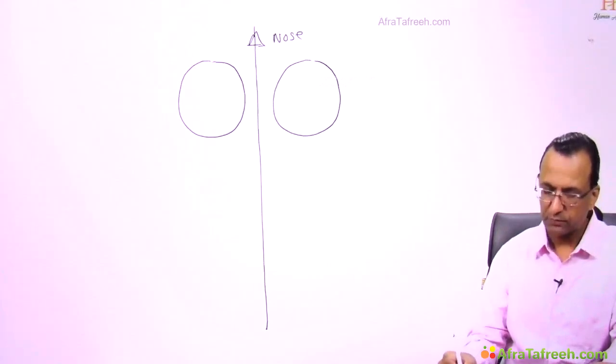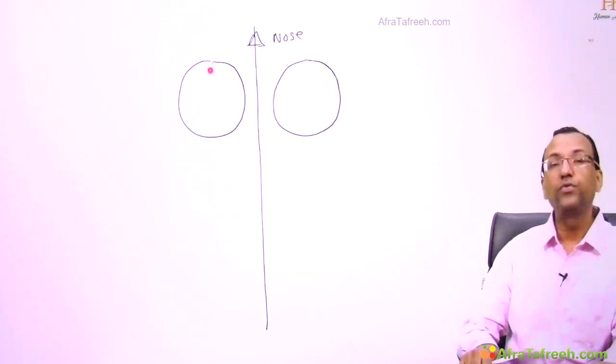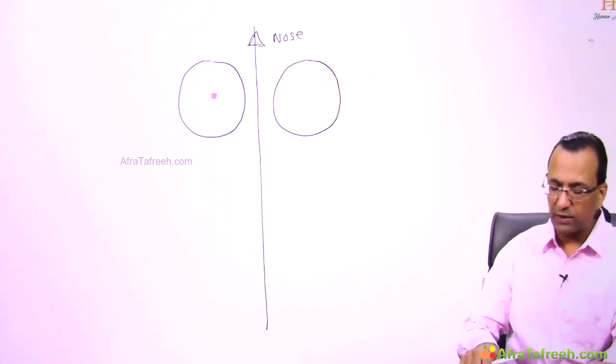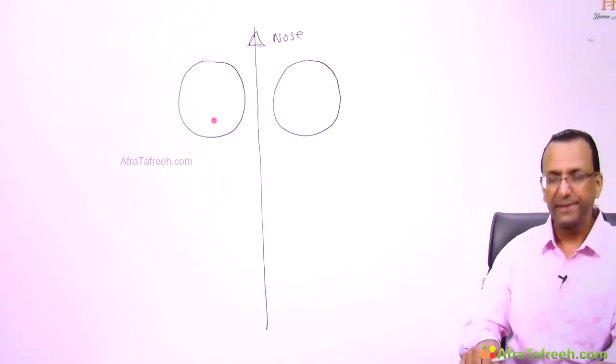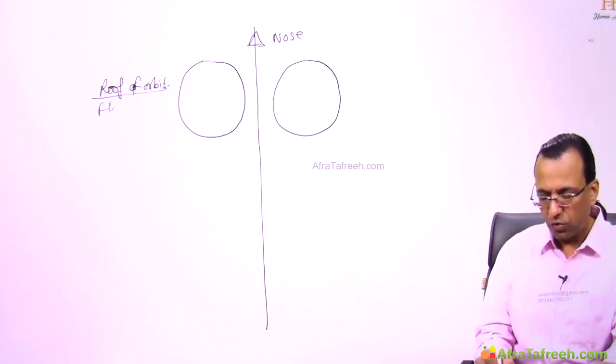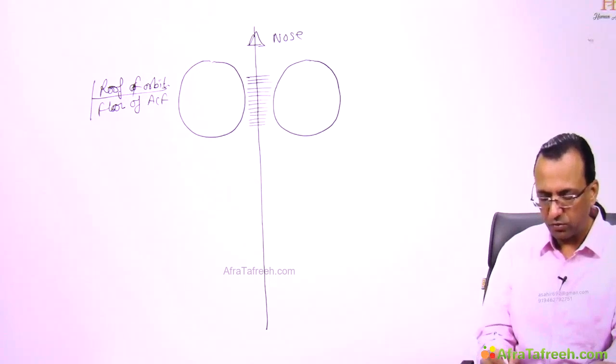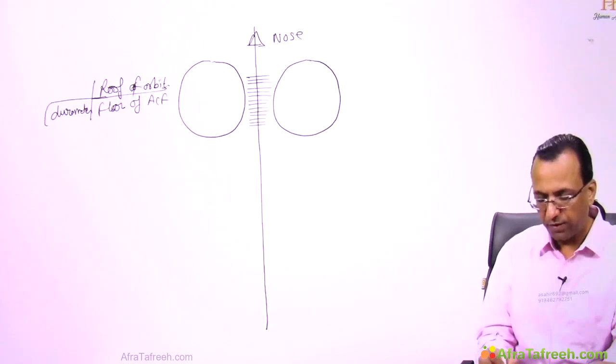When you say this is the orbit, this is the roof of the orbit, and whatever you are telling as roof of the orbit is also the floor of the anterior cranial fossa. And we want to know who is supplying the dura mater at the floor of anterior cranial fossa.